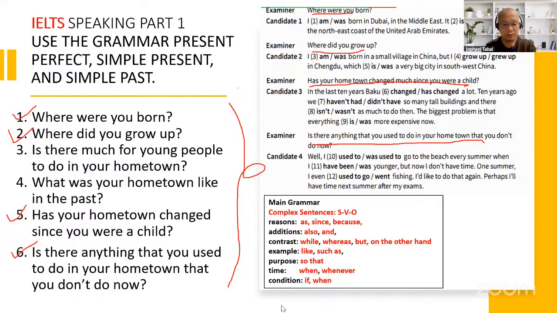Answer all 6 questions, and I appreciate it if you write them in your notebook so you won't forget them. So answer all 6 speaking questions, okay?